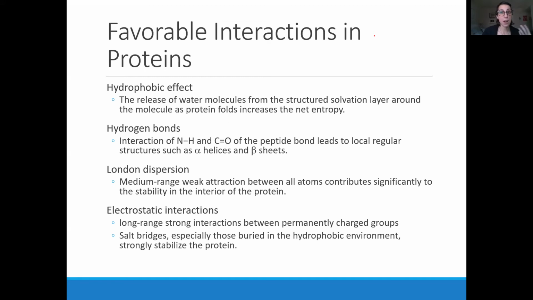Remember our amino acid groups, there are positively charged groups and negatively charged groups. The reason I told you to memorize them as those two groups is because these groups can have ionic bonds with each other. They can have a positive and a negative group interact to form an ionic bond. There's also another type of electrostatic interaction we'll be talking about involving the thiol groups, which is a disulfide link.